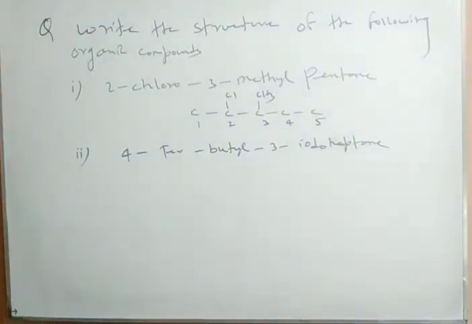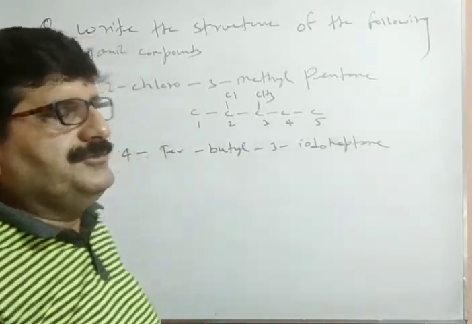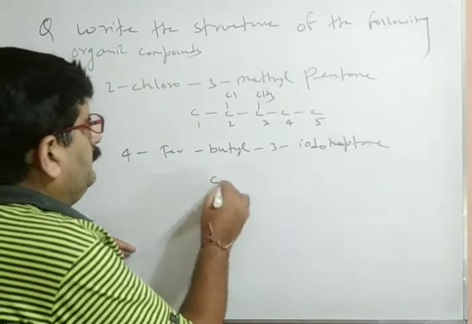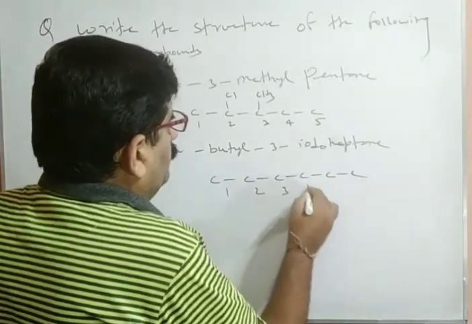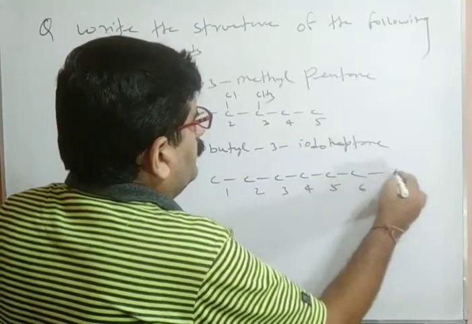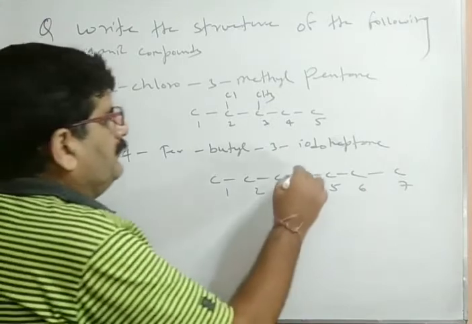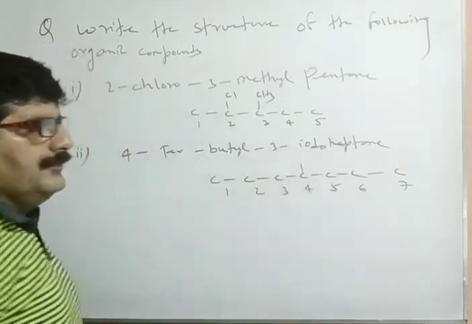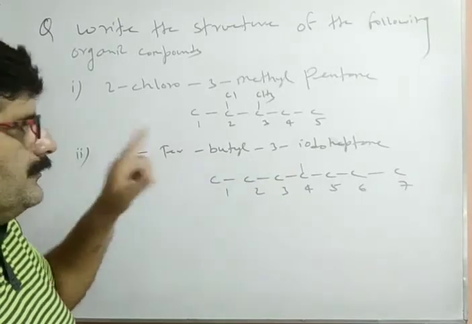Longest continuous carbon chain containing 7 carbon atoms, that is 1, 2, 3, 4, 5, 6, 7. 4-tertiary-butyl. It means in the 4th carbon you can link tertiary butyl.